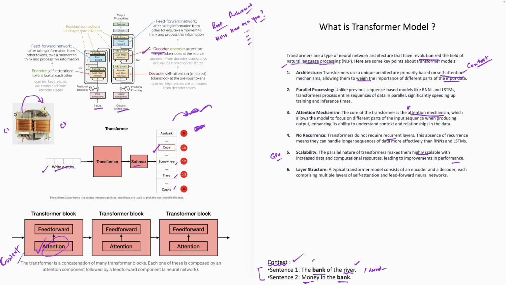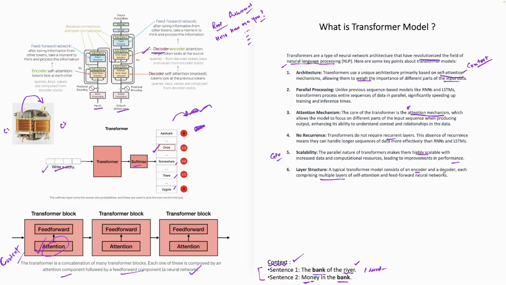So a transformer is nothing but a concatenation of many transformer blocks. It is composed of multiple transformer blocks, and each one of these is composed of an attention component followed by the feed forward component, which is a neural network. So very important: a typical transformer model consists of an encoder and a decoder, what we showed here, each comprising multiple layers.